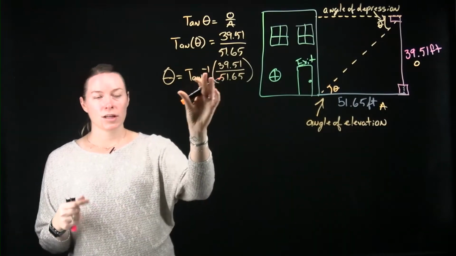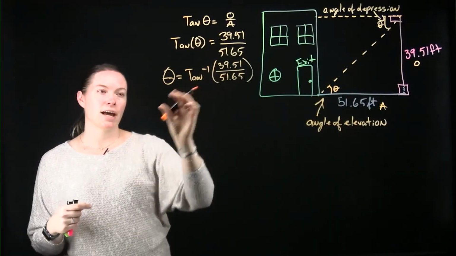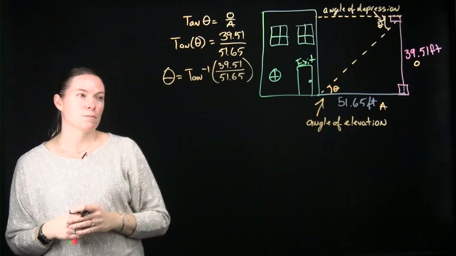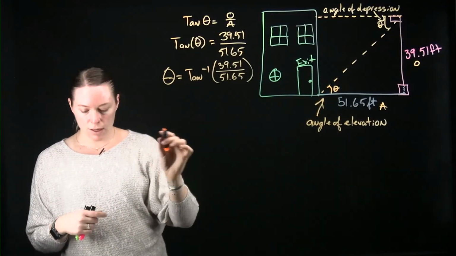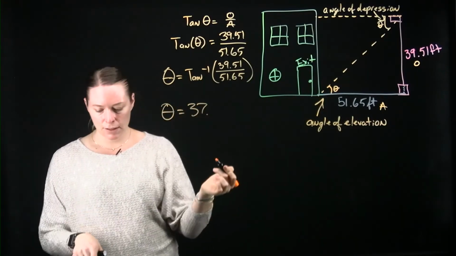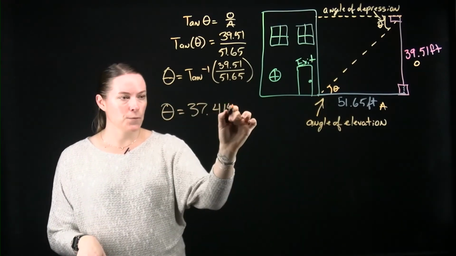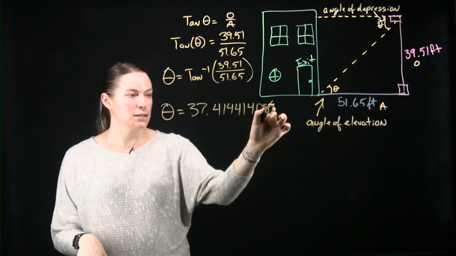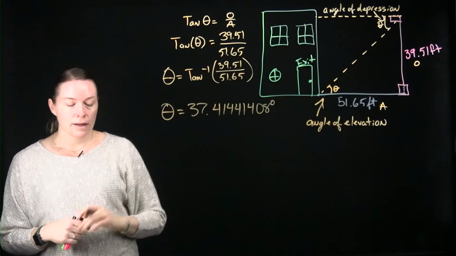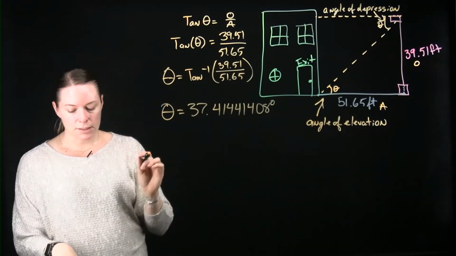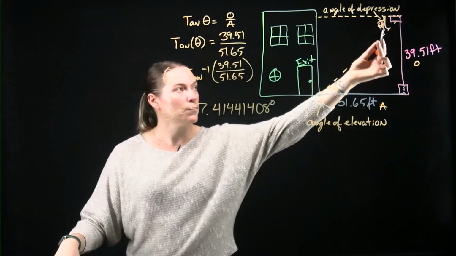Every calculator, at least Graphing or Scientific, should have an arctangent or tangent inverse button or key for you to use. Once you do that, you're going to end up with a value. That value is going to be 37.41441408 degrees.